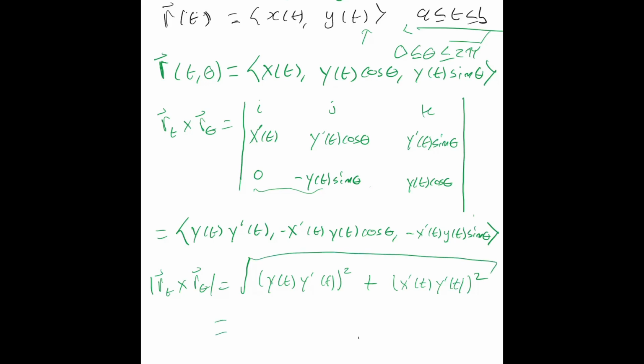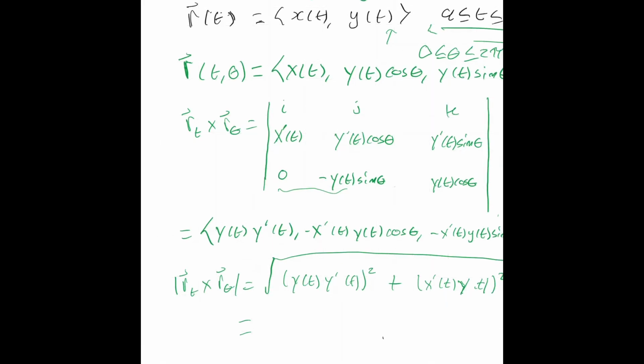And what is this equal to? Well, actually, wait a second, that second term should not be y prime of t, it's just y of t, typo there. Okay, so each one of these terms has a y of t squared, so I can factor that out.